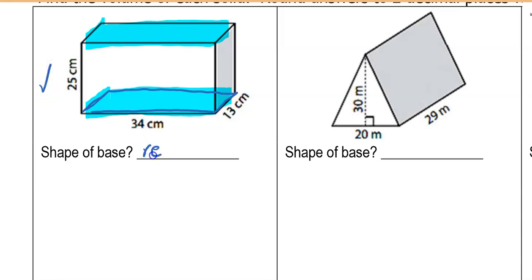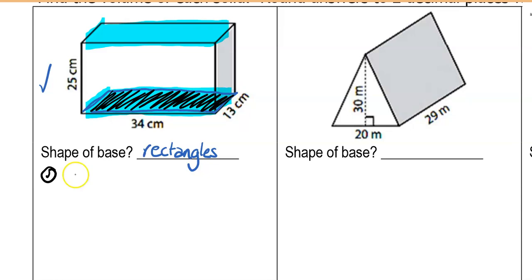And it has rectangular bases. So, like I said before, I'm going to think of it in two steps. First, I'm going to find just the area of one of those rectangles. So before I start thinking about volume, I'm going to think about area. So I'm even going to sketch that rectangle.